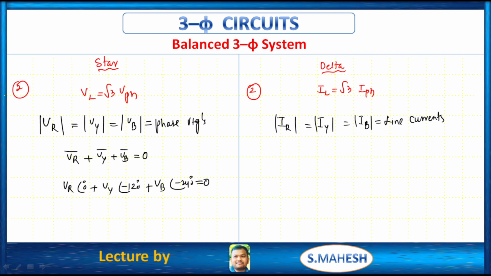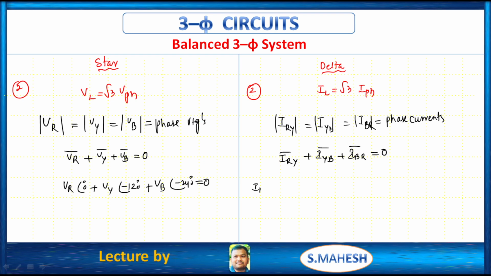Sorry, first we have to write phase quantities. Later we have to write these, which are nothing but phase currents. That is, the summation of these three currents IRY plus IYB plus IBR should be equal to 0.